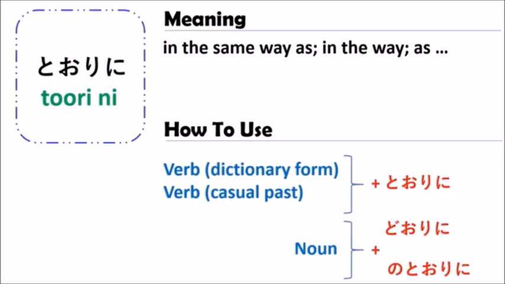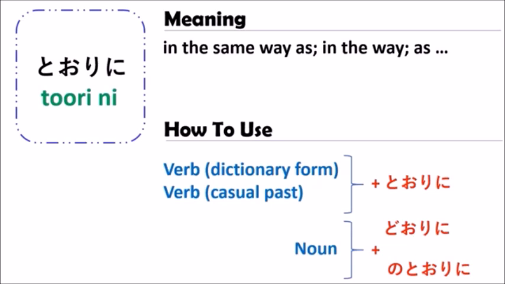But when you use it with a verb, you should change the verb to the dictionary form or casual form only. After you change the verb to the dictionary form or casual past form, you follow it with tori ni, right? Which means in the same way as, or in the way, or as that or something.